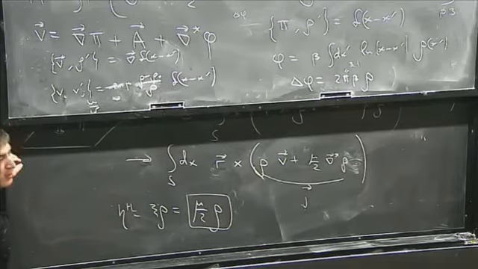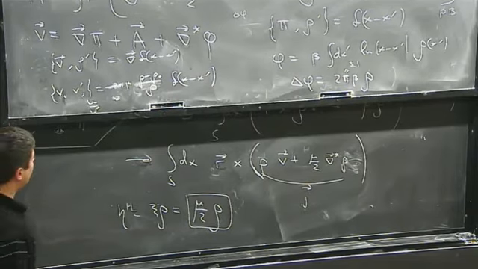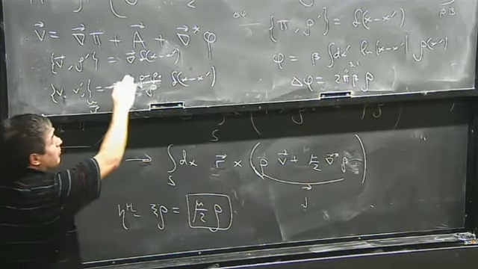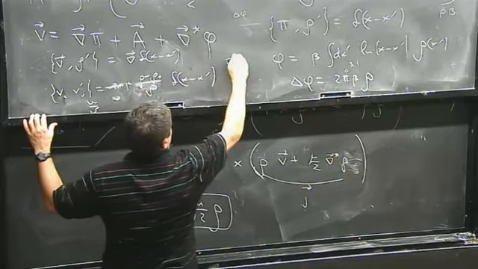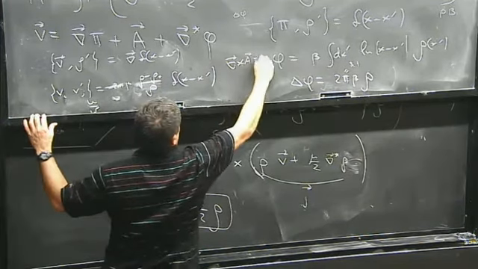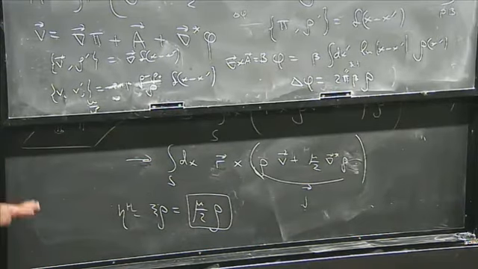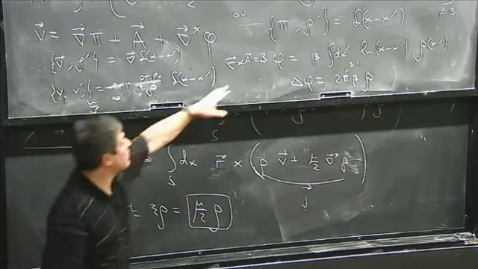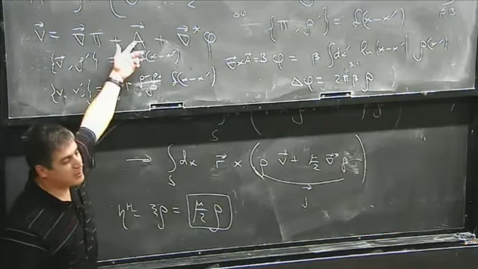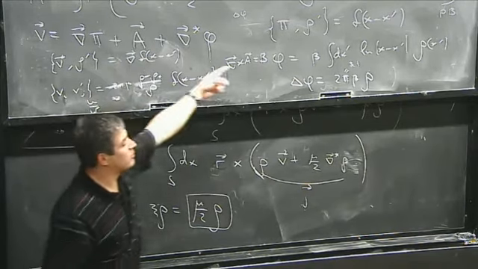What is A on this one? A was capital A. Capital A is the external vector potential such that curl A is B, a constant magnetic field. So I have a two-dimensional plane in a perpendicular magnetic field which is constant. I introduce some vector potential and some gauge which correspond to that magnetic field.